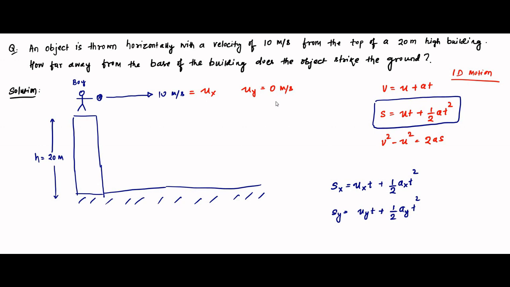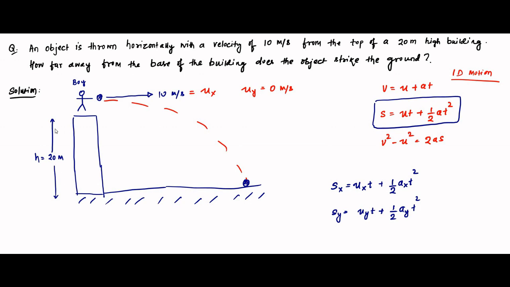Okay, then when the stone is thrown with horizontal projection, the trajectory is something like this. Finally the stone reaches this position and it strikes the ground here.